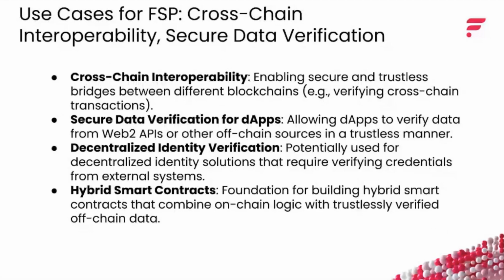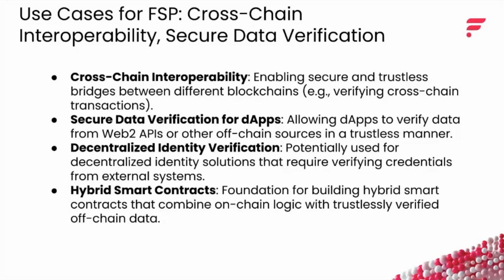And so some use cases, like I mentioned before: FSP enables cross-chain interoperability, enabling the creation of secure and trustless bridges between different blockchains. For example, FSP can be used to trustlessly verify cross-chain transactions, ensuring that assets moved between blockchains are properly accounted for.